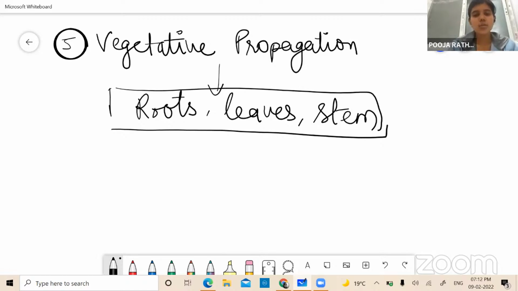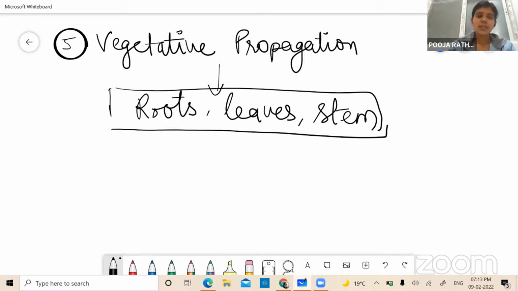Because the plants which reproduce sexually have to involve two parents, while in the asexual way of reproduction only a single parent is involved. That's why it takes much less time. So that's why vegetative propagation is preferred mostly in tissue culture.